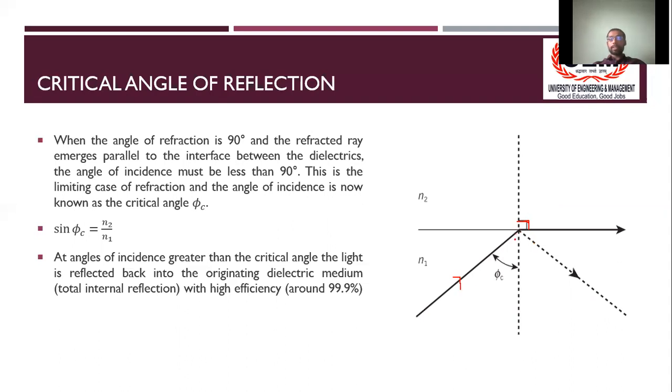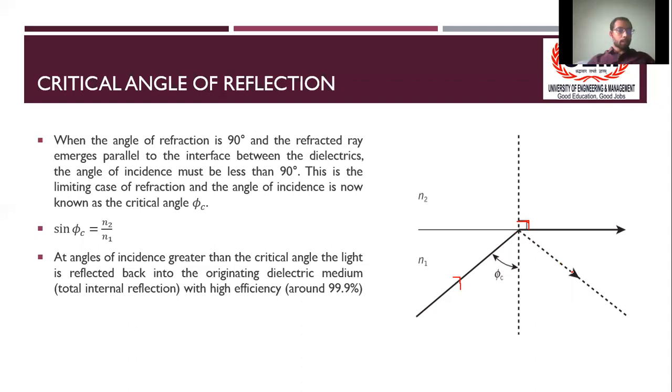Okay, so this light ray is incident into the glass medium, and again it is reflected back and retained within the glass medium. So to make this happen, if the angle of refraction becomes 90 degrees, only then can we achieve this complete reflection.